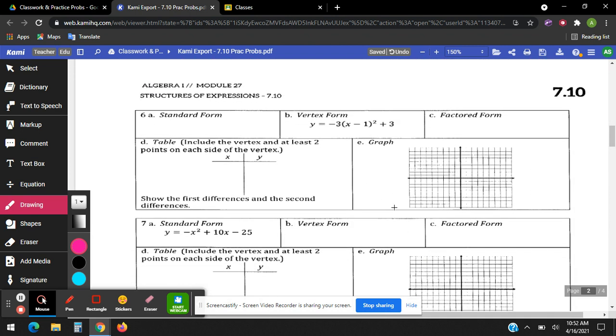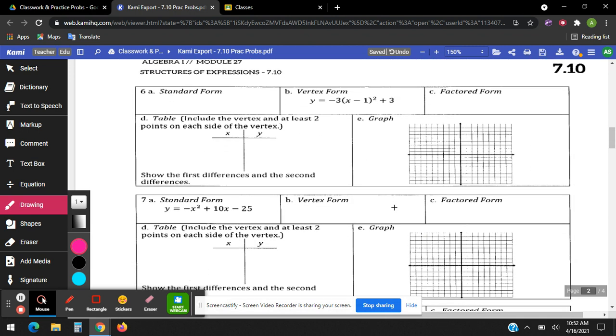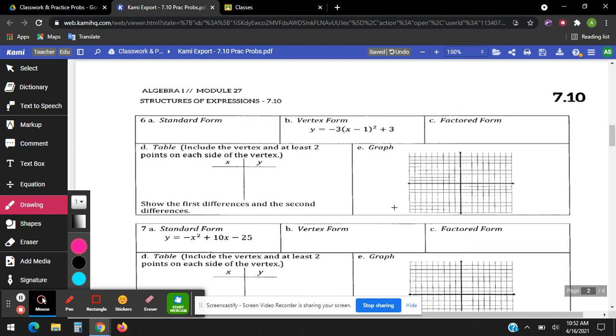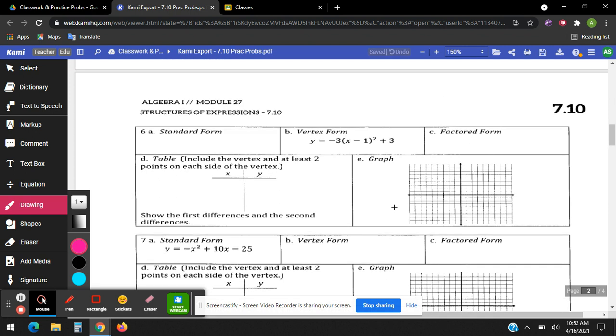Okay, next one. Here I'm given vertex form, and I want to go to factor and standard. Well, again, if I go to standard first, then I could just solve this. So I'm going to give myself some space up here. I have negative 3 times, this is a squared, so it's going to be x squared minus 2x plus 1, plus 3.